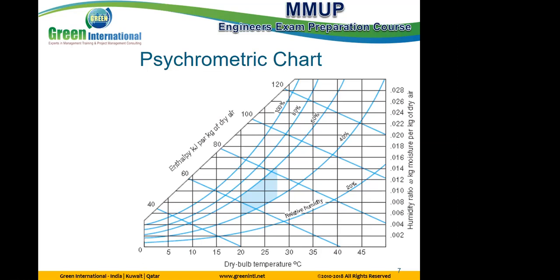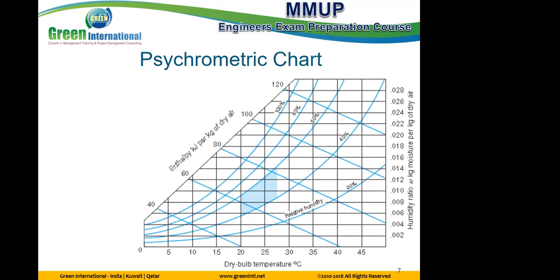Because these two parameters, the inclined lines are almost typical, not identical, but typical, just slightly shifted. So if you find only one inclined line like in this chart, normally this line represents enthalpy.